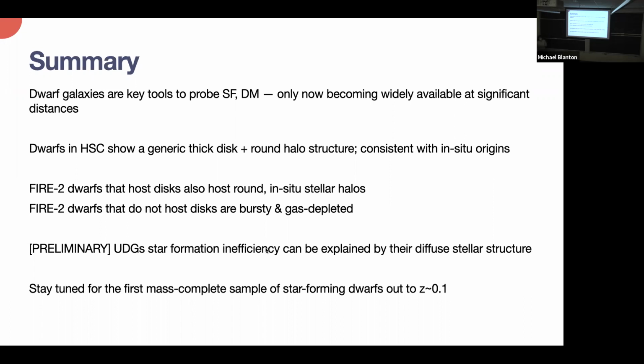I'm still drawn back to merger activity, which seems like it would explain this, right? It disrupts the disk and it gets rid of a lot of the gas. Mhm. But if you just looked at time since last major merger for those two classes, was there any difference in that distribution?